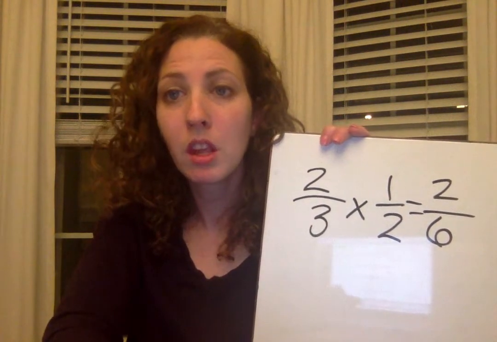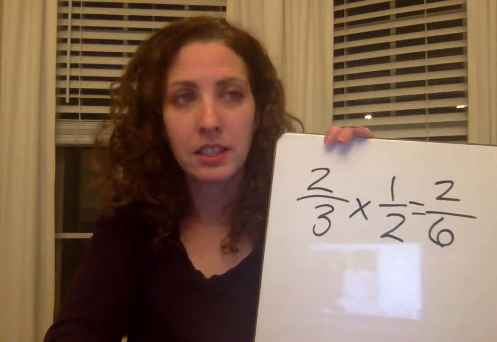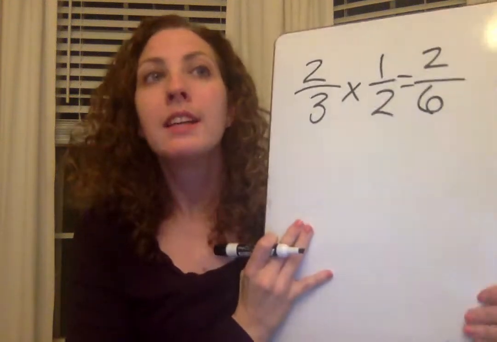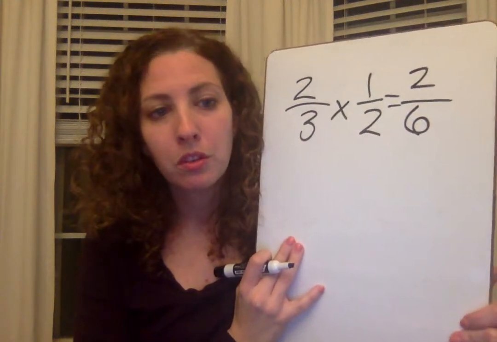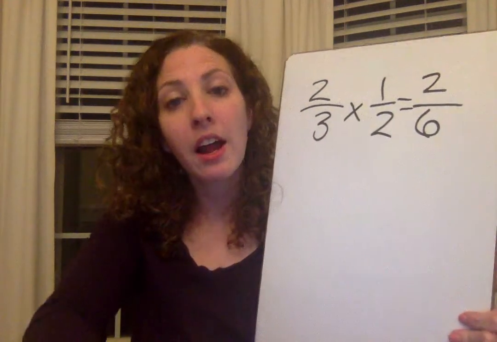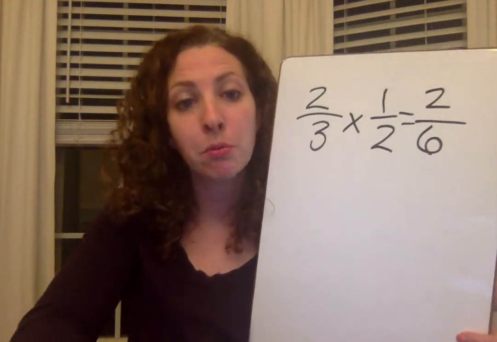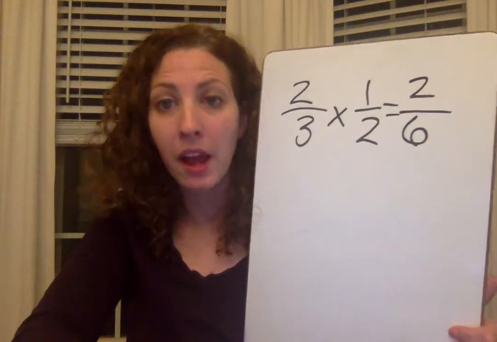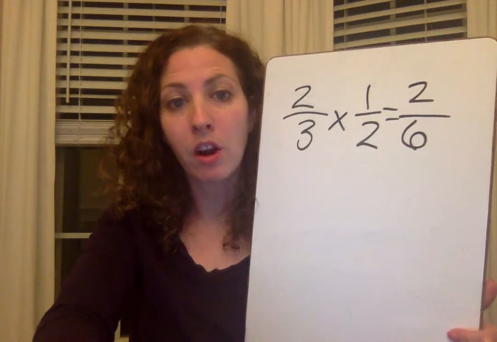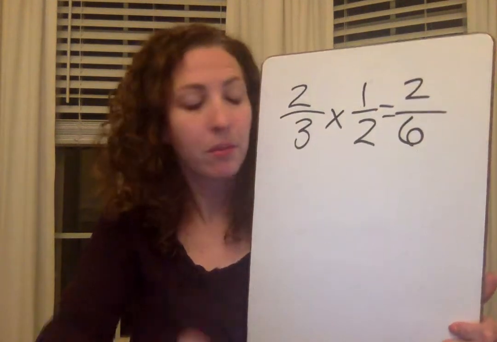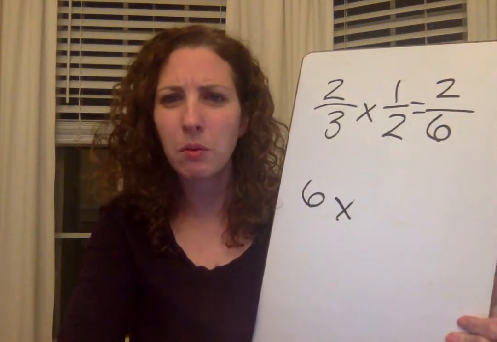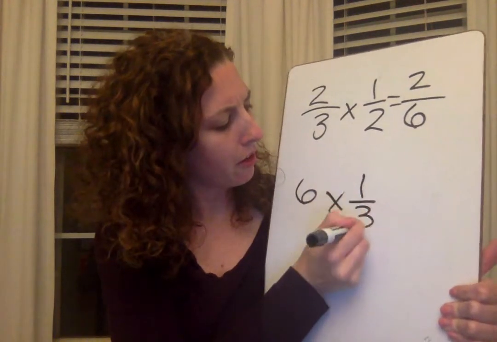Okay. We might look at another one that says Mrs. Bryant has to walk 6 miles to Wawa. That would be crazy because there's a Wawa on every corner. But if I have to walk 6 miles and I take a break 1/3 of the way, how many miles have I walked when I need to take a break? So I'm going to multiply 6 by 1/3.